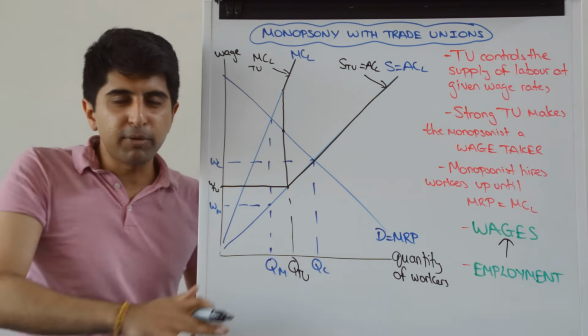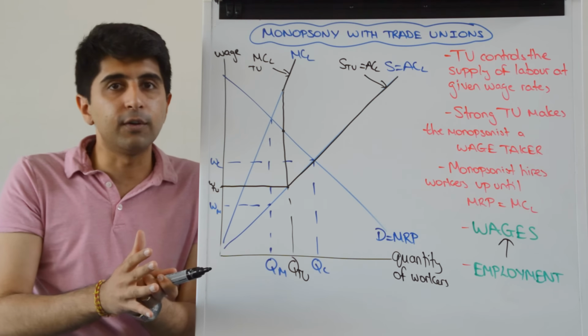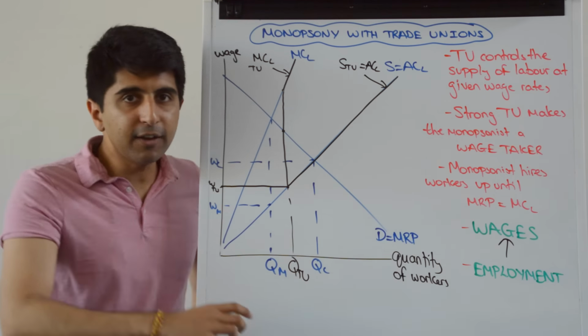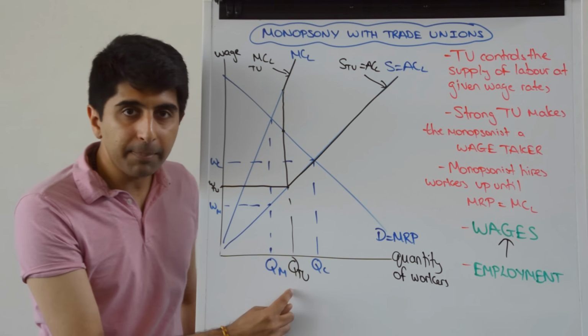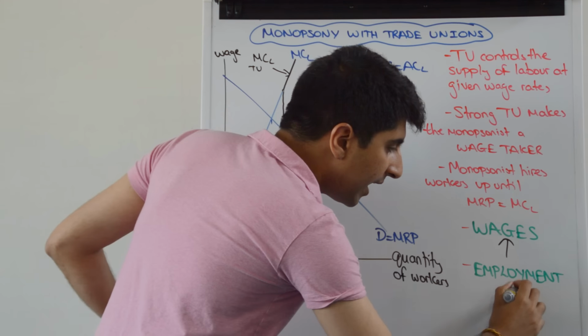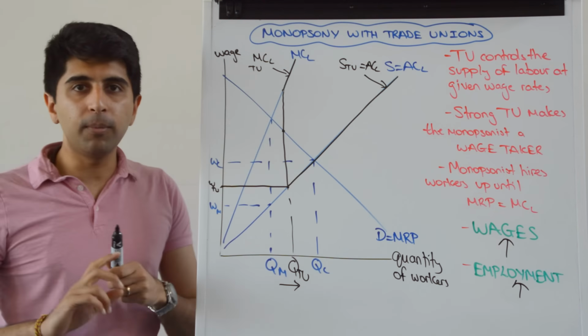But whereas before in my previous video, we said that trade unions will actually reduce the quantity of workers in competitive labour markets, when the labour market is controlled by monopsonists, what's happening to employment? We can see clearly that employment is actually increasing. Wages are increasing and employment is increasing.